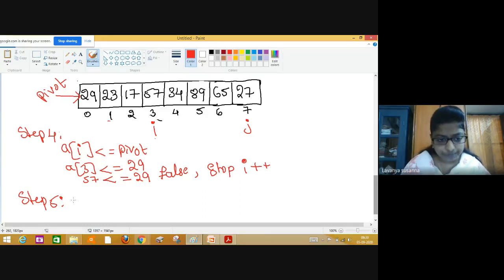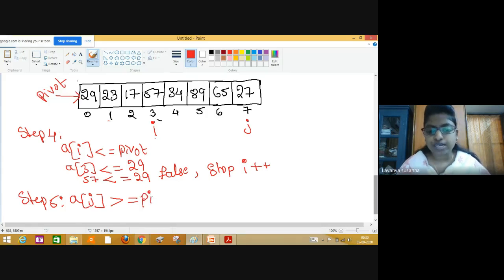Let us see it. A of J greater than or equal to pivot. Then you need to move J towards the left. If it is true, you need to decrement. Moving left means decrementing. Remember that if you want to move I, the element must be less than the pivot.